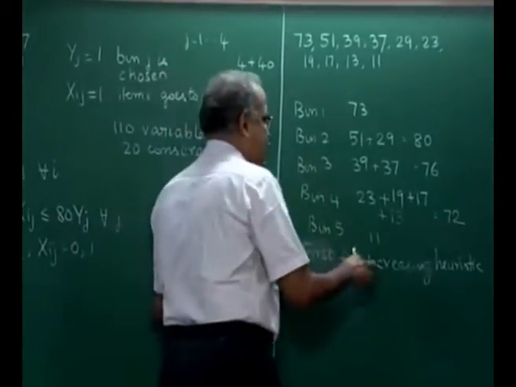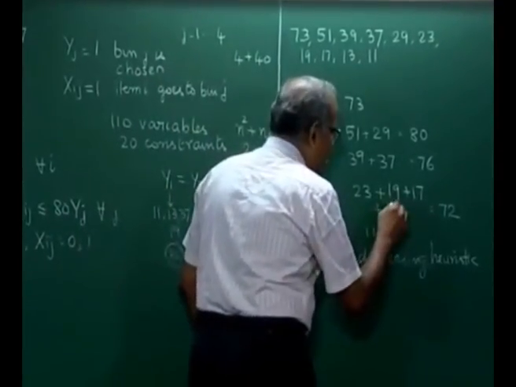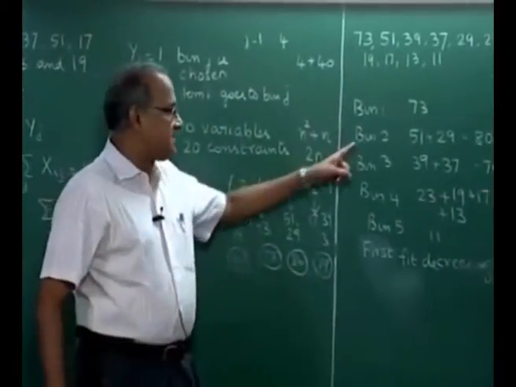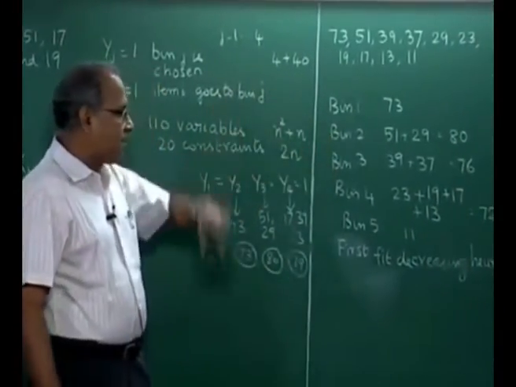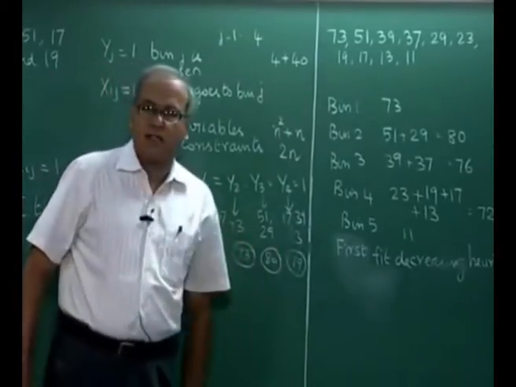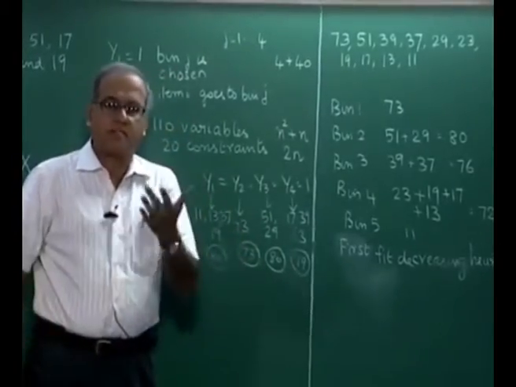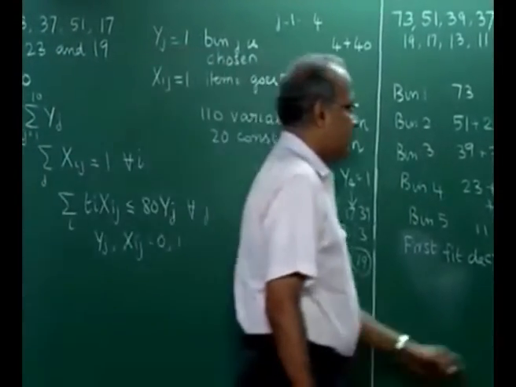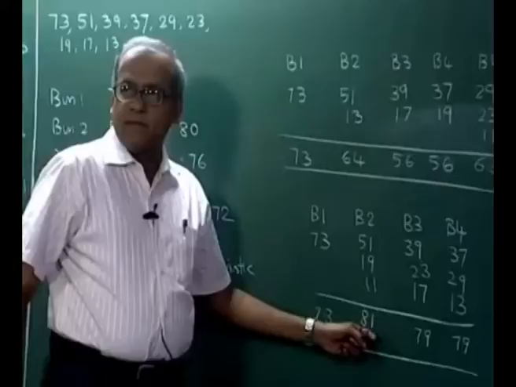If we want to minimize the number of trucks such that I can squeeze everything into 80, the answer is 5, whereas the optimum is able to squeeze all the 10 items into 4 trucks or 4 bins such that the length is 80. Here it says it requires an additional length of 81.